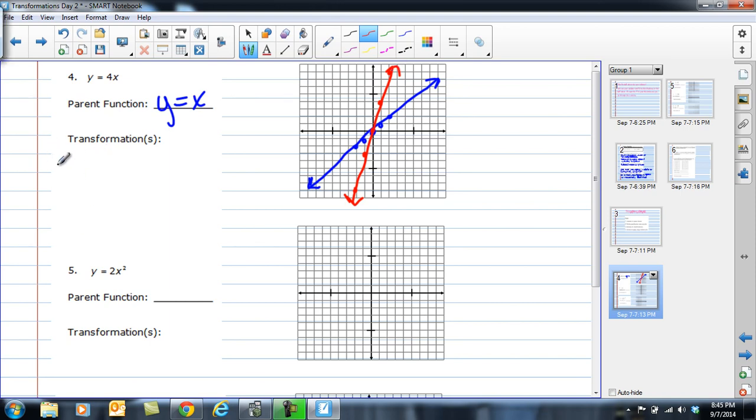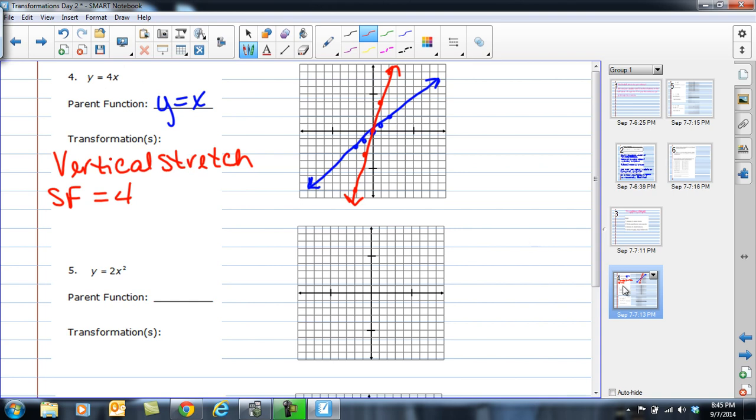It just got steeper. But for the sake of using the same vocabulary, we're going to say that this has a vertical stretch, and the scale factor, which we're going to abbreviate as SF, is 4, because that's the number we multiplied everything by.